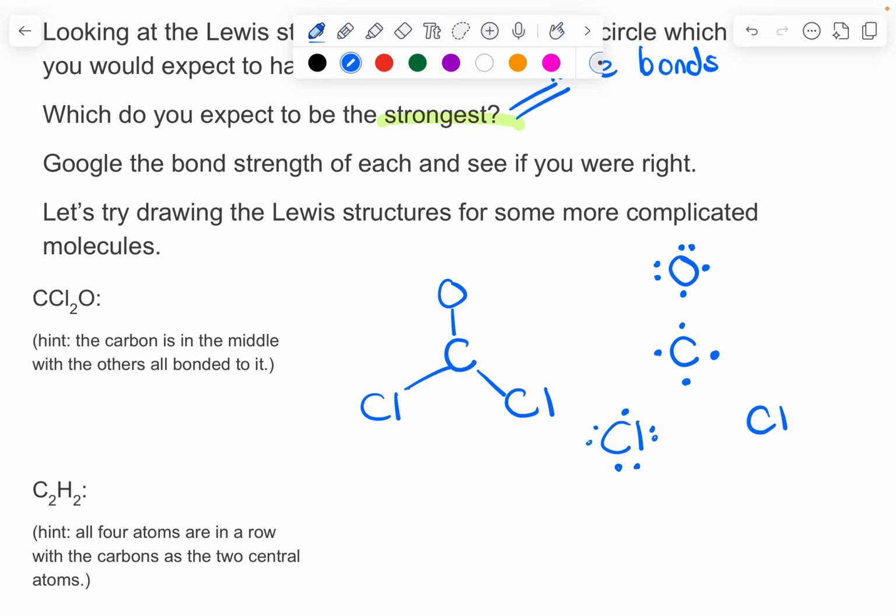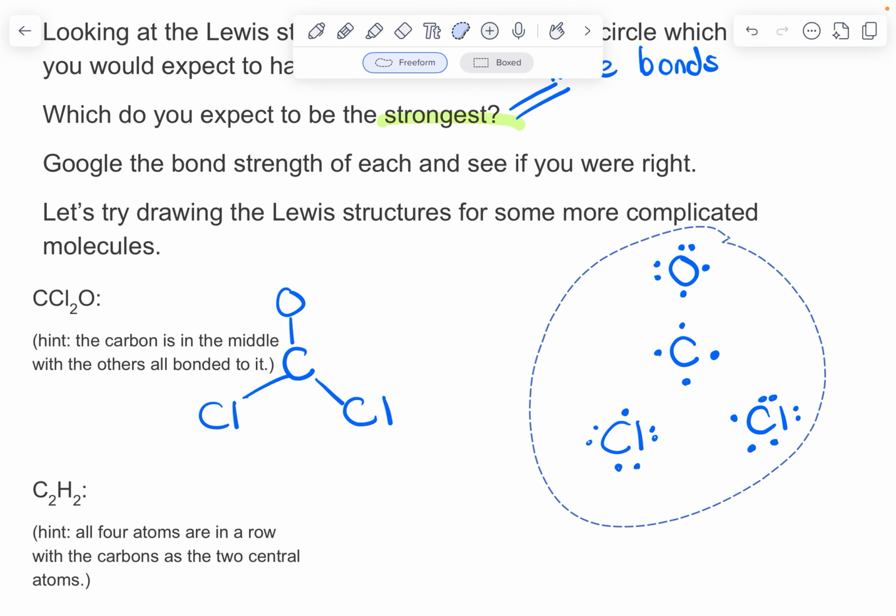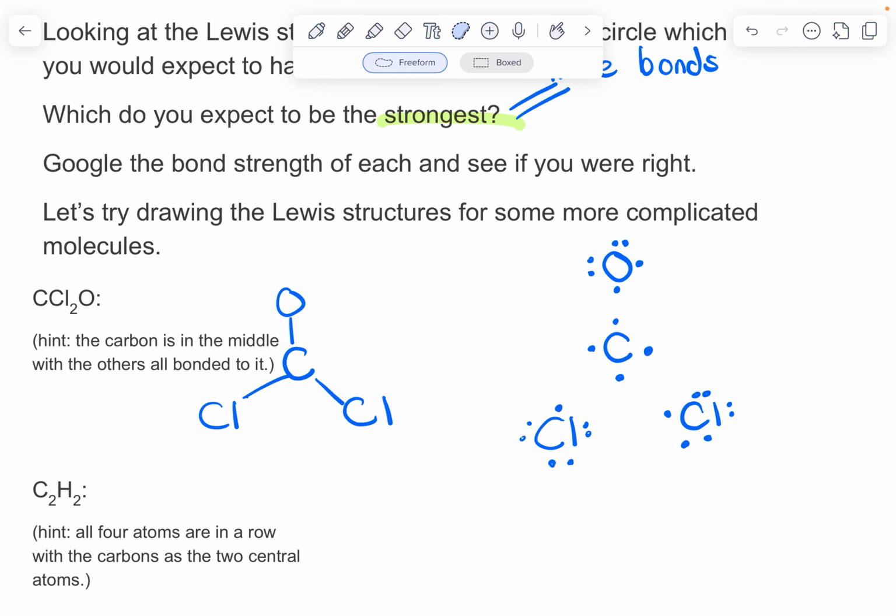Now, when you get more and more familiar with this, you should be able to figure this out on your own. But that's going to be a ways down the road. So when I say carbon is in the middle, this is what the structure is generally going to look like. But now here we're going to draw the whole thing starting from scratch. And we always start with the Lewis dot symbol with the correct number of valence electrons.